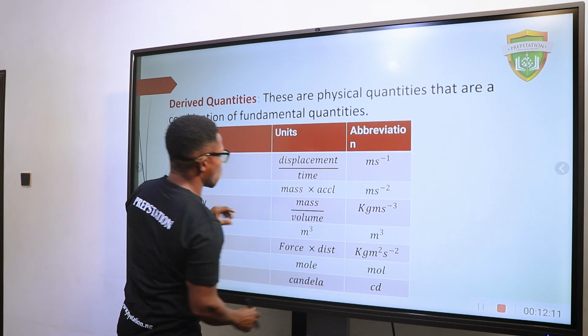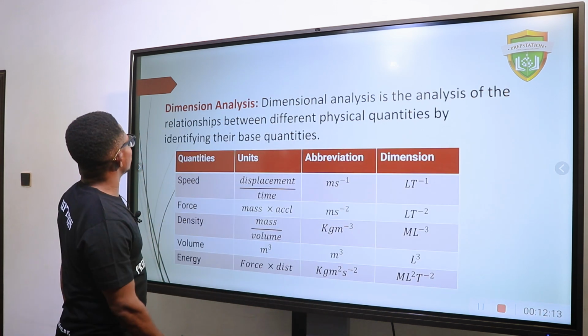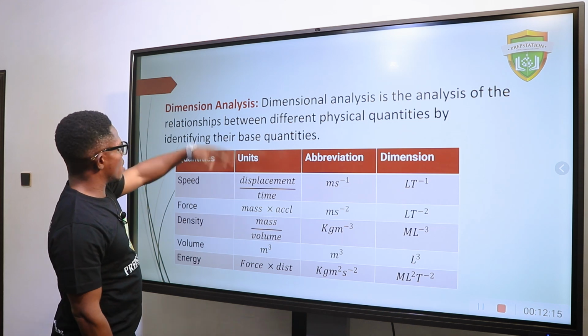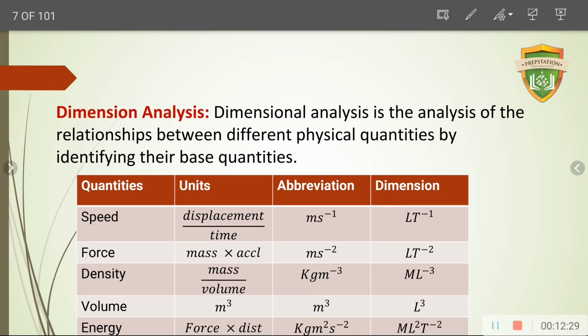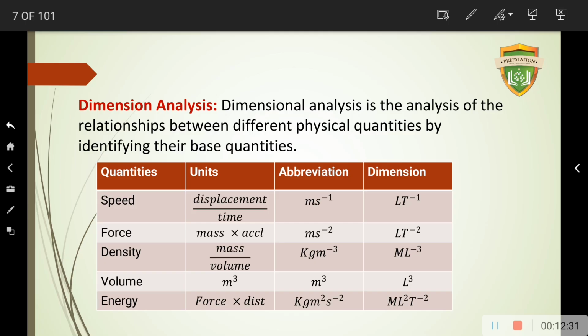So let's move forward to something else. It continues. I still have this dimensional analysis now. So what is dimensional analysis? It's the analysis of relationships between different physical quantities by identifying their base quantity. Take note of this.